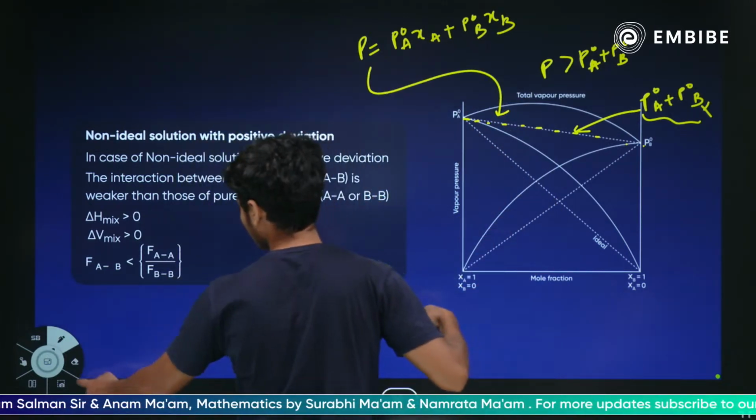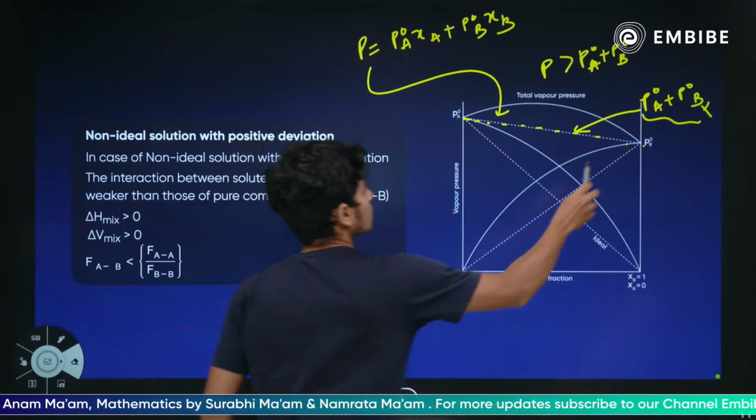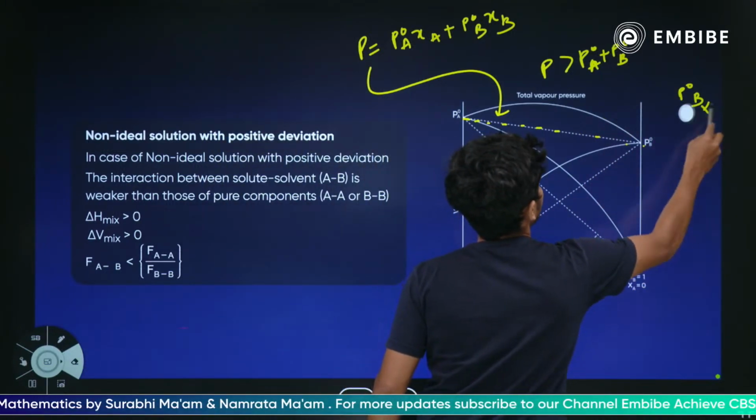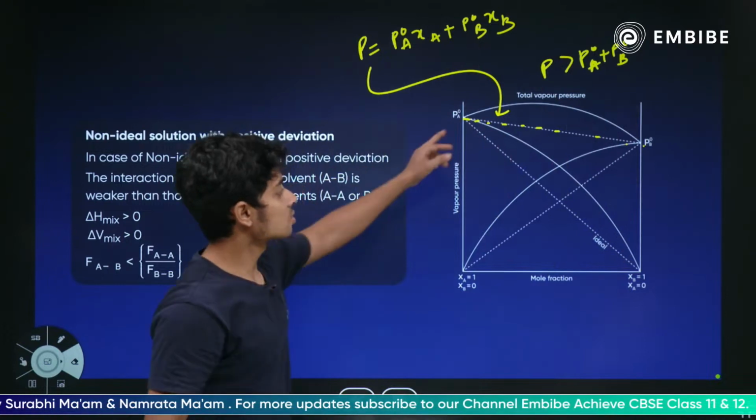So this part is actually wrong; this is the correct part. This is your Raoult's law line.